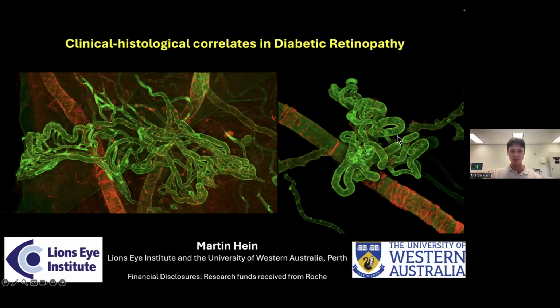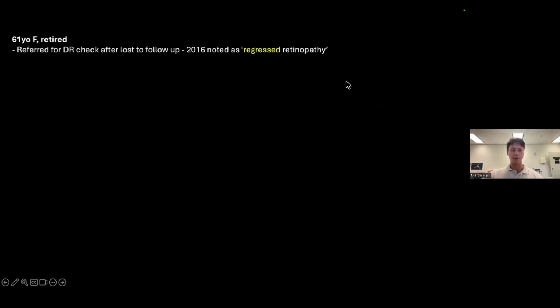These are two images of neovascularization inside a diabetic retina. The case is of a 61-year-old lady who's a retired office worker, and she was referred for a DR check by her optometrist after being lost to follow-up for nearly 8 years.